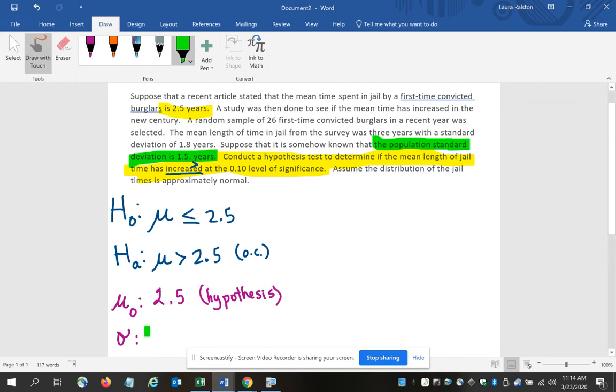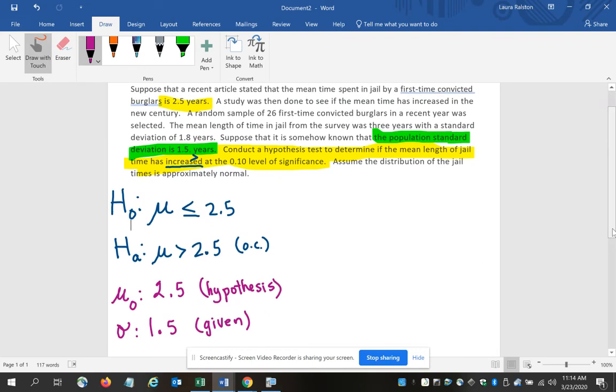If you have the population standard deviation, you need to use it. So the population standard deviation is 1.5, and that is given to you in the problem.